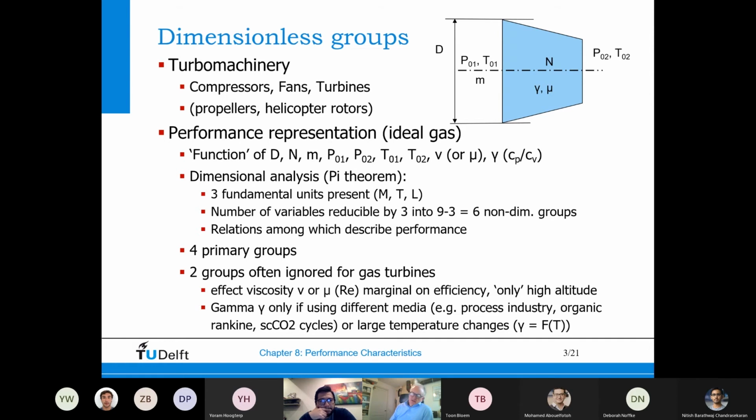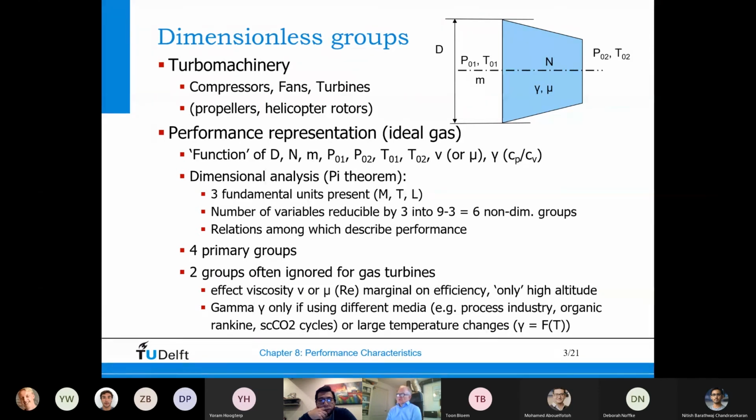And then Buckingham, about I think 120 years ago, a scientist in the UK, I believe, devised this pi theorem, saying that if 3 fundamental units are present, you can reduce the number of variables that describe the performance of that system by 9 minus 3 into 6 non-dimensional groups.